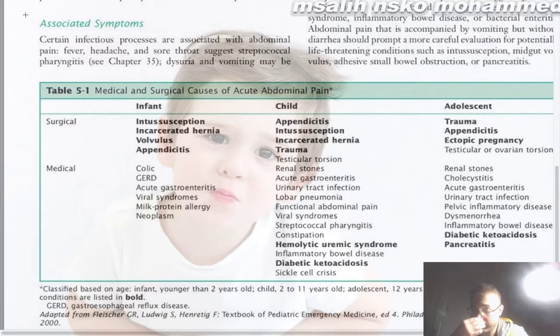So for the diagnosis in the child and adolescent, we have to do mostly the physical examination and other instrumental examinations.